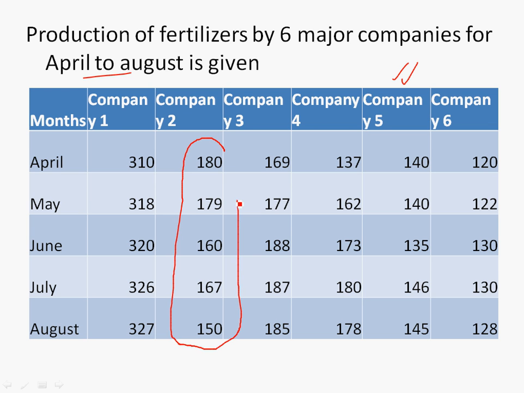We have to find the month in which the contribution is approximately 15% of the total. Just take around 30 to 40 seconds to see whether it is possible or not and which month it is.